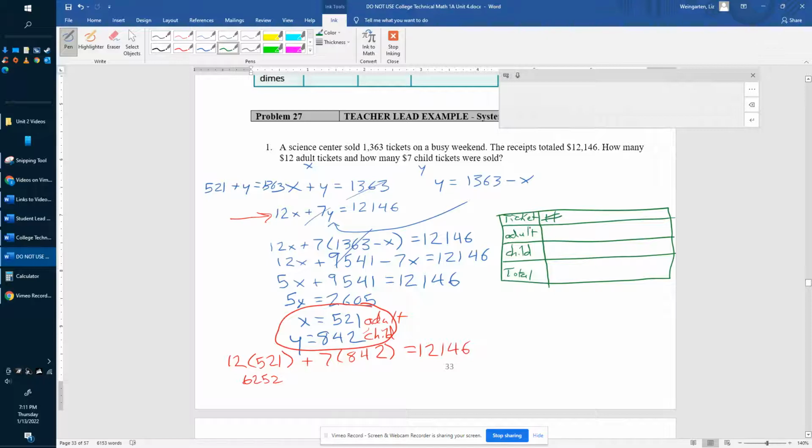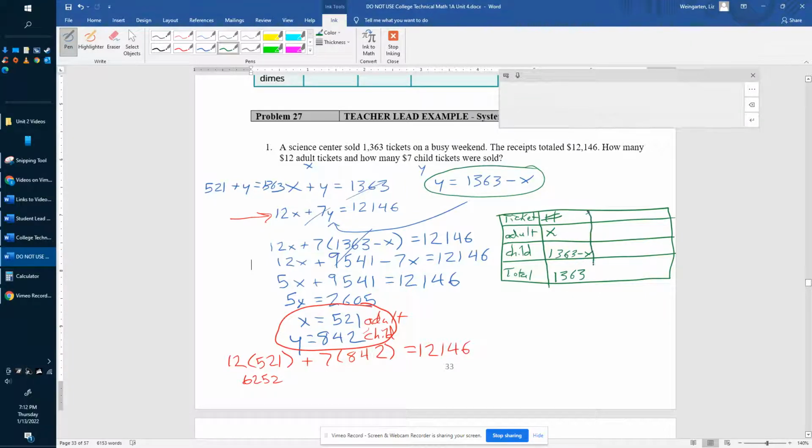Number of tickets for adult we set as X. Number of tickets for child we set as Y, but then we use substitution. So Y is equal to 1363 minus X. And our total is 1363.